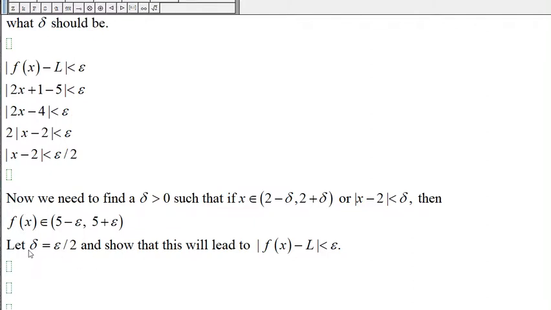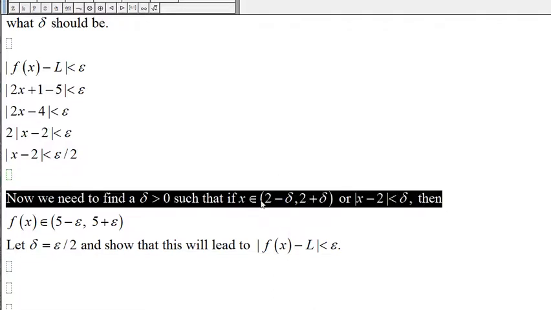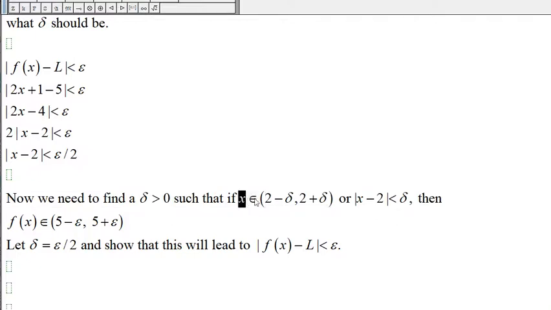And so we must show that if we let delta be epsilon over 2, this will lead to the statement that the absolute value of f of x minus L is less than epsilon. So we have chosen to let delta be epsilon over 2.